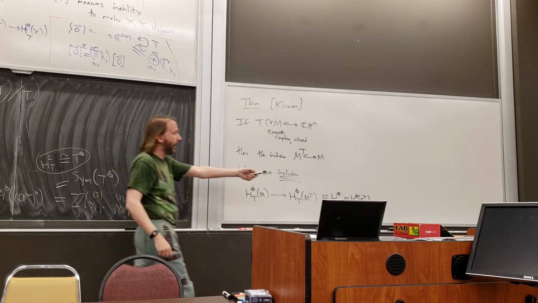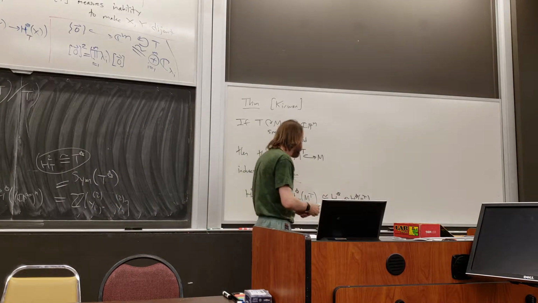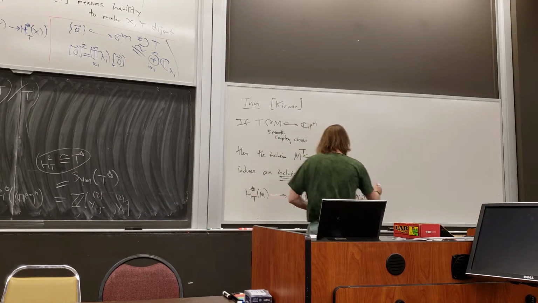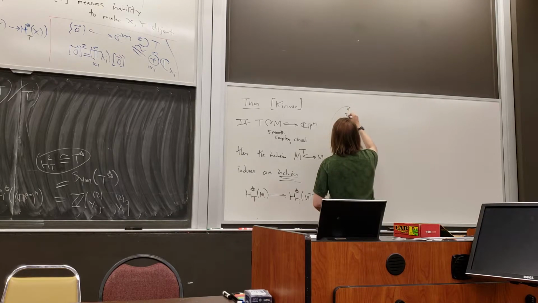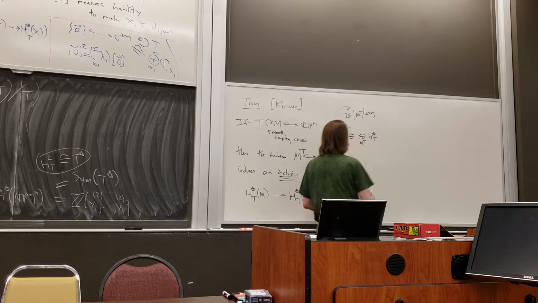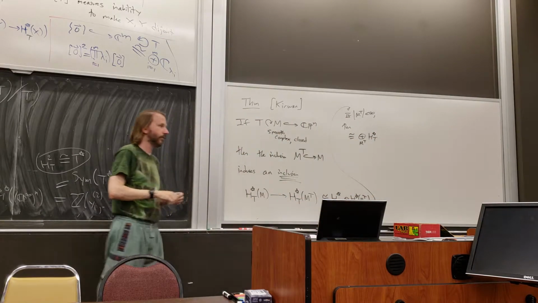So this is just a finite set of points. And let me say this. If M^T is finite, then we continue this and say we're just getting a direct sum over M^T copies of this polynomial ring. Yes?